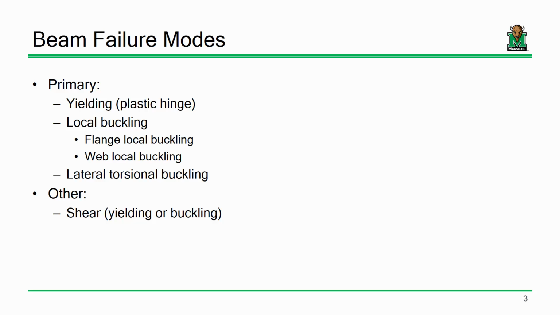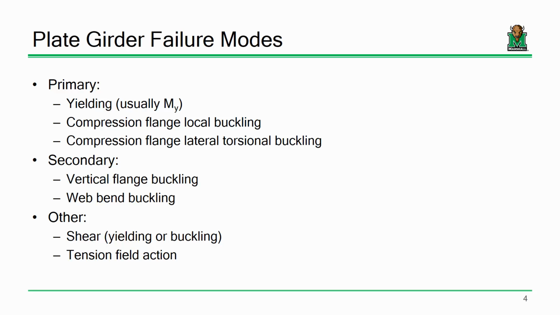They can buckle not only in a global mode, the whole beam wanting to kick out and twist, but also in a local mode. Maybe the whole beam doesn't buckle, it's just a flange that buckles, or just a web that buckles. Maybe it doesn't buckle in bending at all. Maybe it's the shear that causes the element to fail. Maybe it yields in shear, it buckles in shear, excuse me, and what have you. We'll spend some time talking about that.